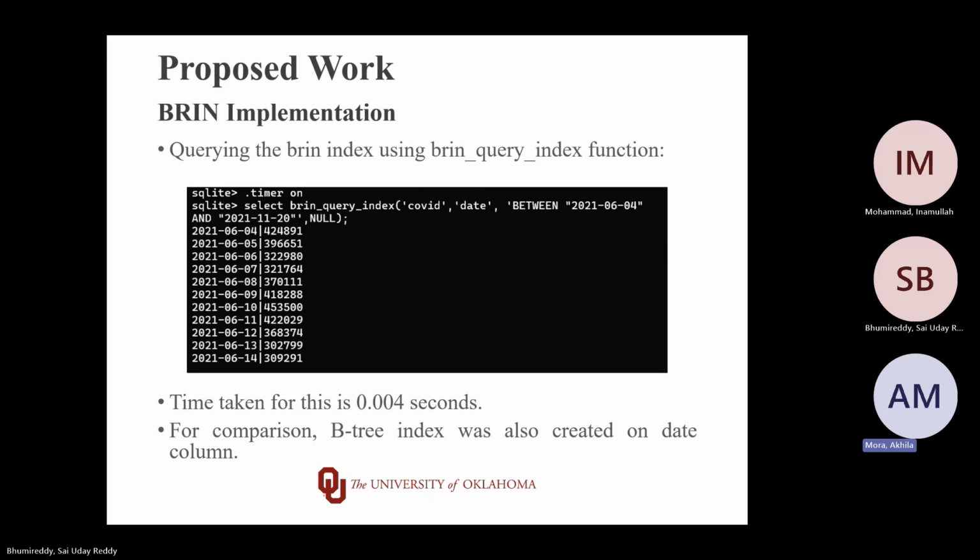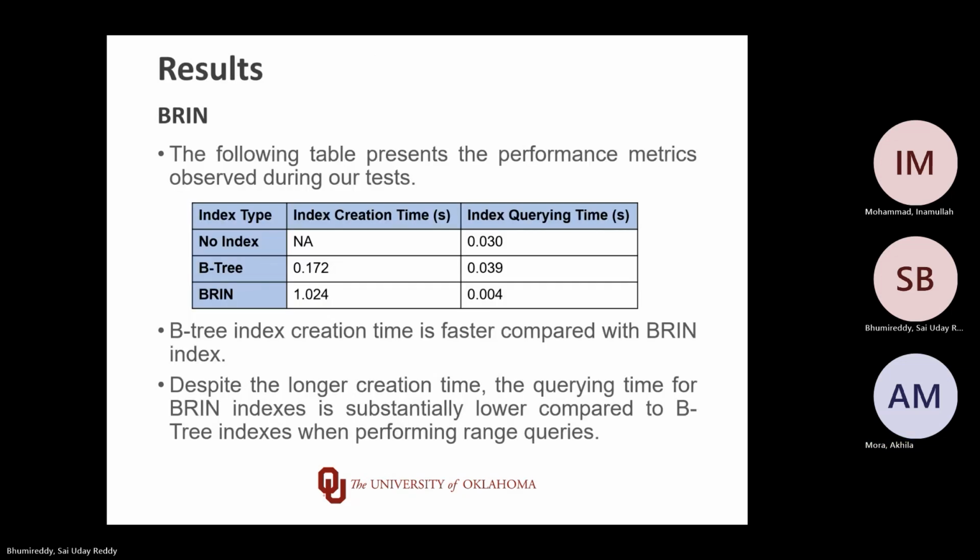The time taken for this is 0.004 seconds. To compare it with the inbuilt indexing of SQLite, we used a B-tree index, and we also applied a B-tree index on the date column to see the performance of the BRIN index compared with the B-tree index. From here on, one of my teammates will continue.